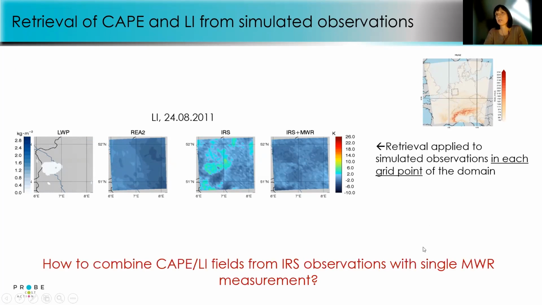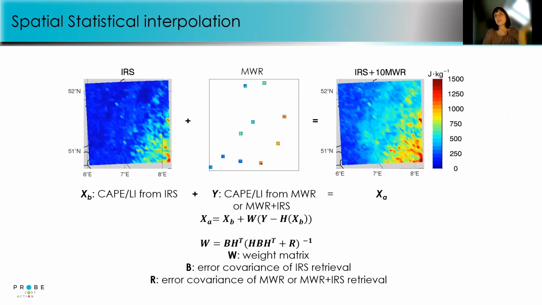The next question is, how can we combine CAPE and lifted fields from IRS with single observations from microwave radiometer or from a network of microwave radiometers? And to show the impact of additional ground-based measurements, we performed a special statistical interpolation and merged CAPE fields obtained from IRS observations on the left-hand side with CAPE values from a network of ground-based microwave radiometers in the middle.